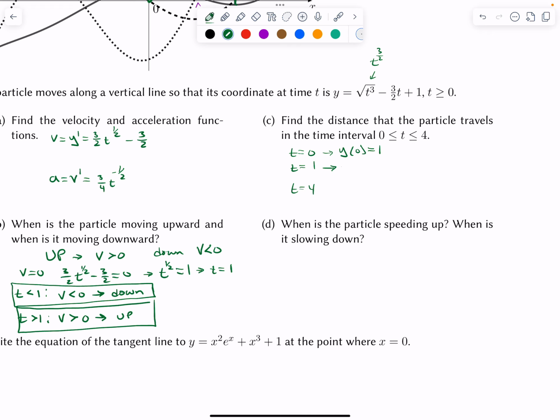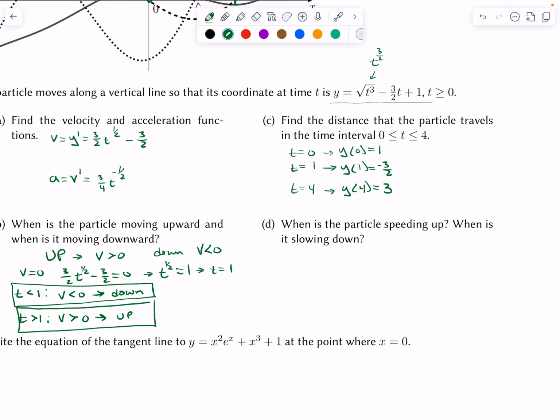When t equals 1, y of 1 is equal to negative 1/2, plugging 1 into this function right here. And then t equals 4. Y of 4 is going to be 8 minus 6 plus 2. It's going to be 3, isn't it?